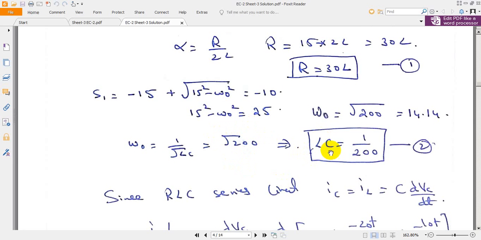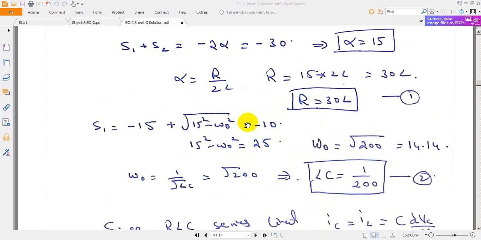When this is the value, LC is equal to 1 by 200. No, it's the right value. How? Because the difference between minus 15 and minus 10 will be 5, and if you want to remove this square root, you need to square on both sides.